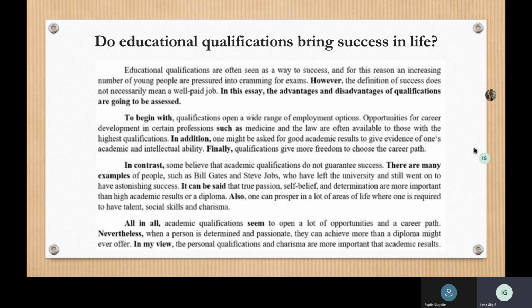Okay, so we can see that in the first paragraph, a really global and generalized sentence is given. Educational qualifications are often seen as a way to success. So as you can see, are often seen is another way of saying a lot of people think.